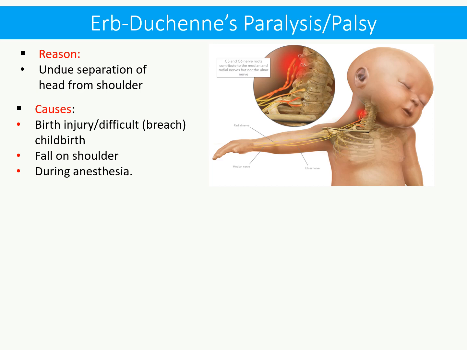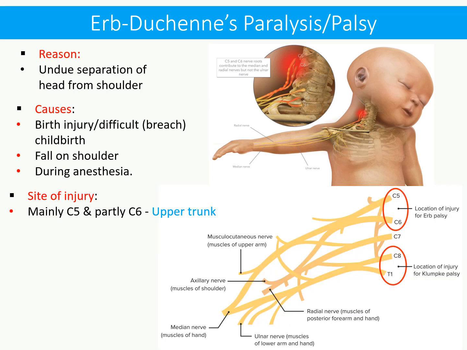Causes include difficult breech delivery, fall on the shoulder, or manhandling during anesthesia. It involves upper trunk of the brachial plexus, especially C5 segment, and may involve partly the C6 segment of the spinal cord.